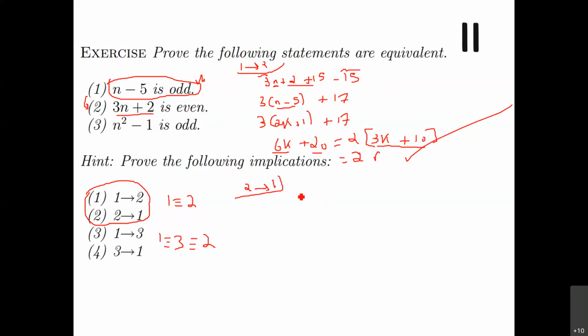So you start off with 3n plus 2. Here it's kind of harder to reach the form of n minus 5. When I first tried to solve this, I thought, maybe I can do this: we know that 3n plus 2 is even, right? So it equals 2k. So I thought maybe I could work that equation and try to reach n minus 5 on the left side and reach 2k plus 1, or 2 times something plus 1, on the right.